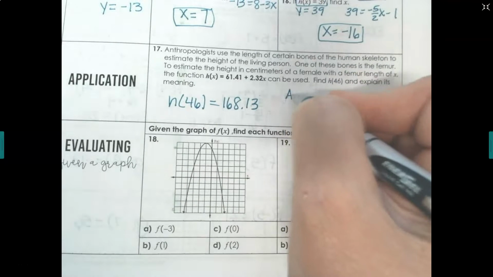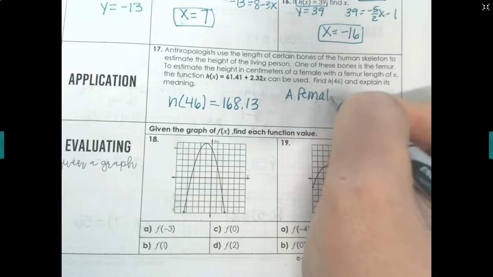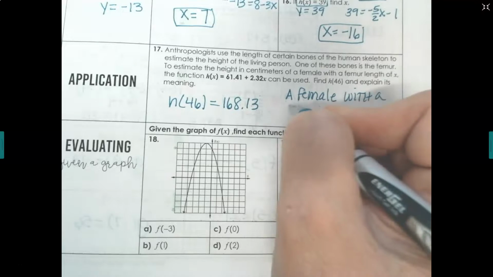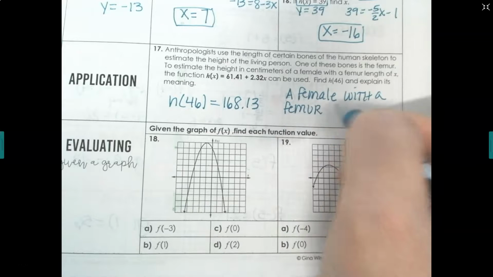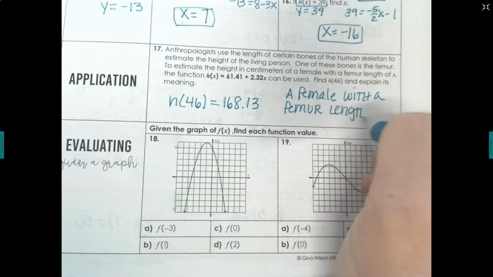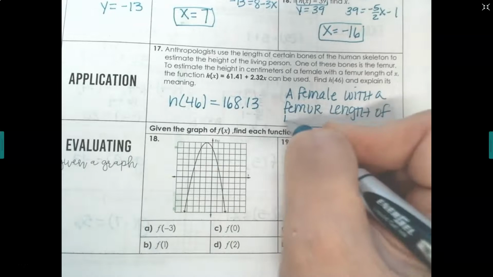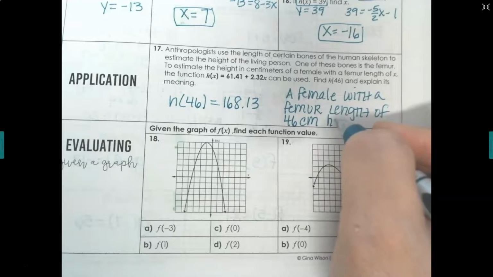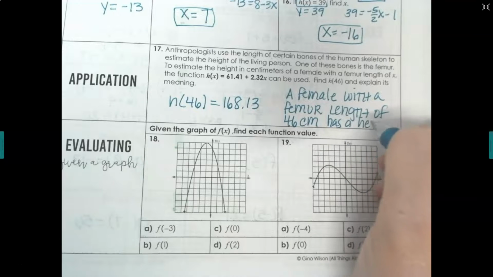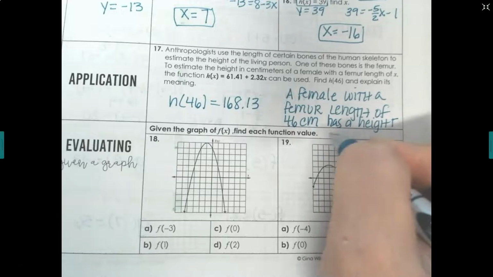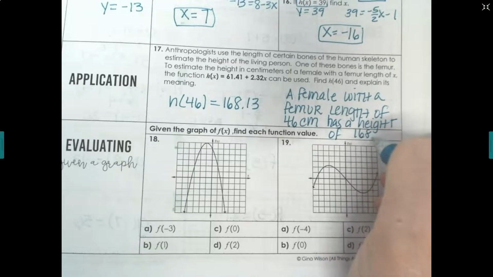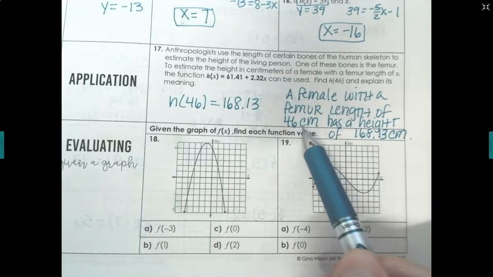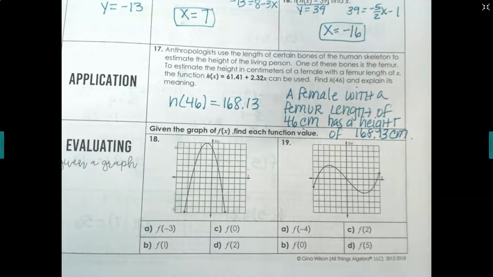So this is a female with a femur length of 46 centimeters has a height of 168.13 centimeters. So what we put in was the femur length, and what we got out was her estimated height.